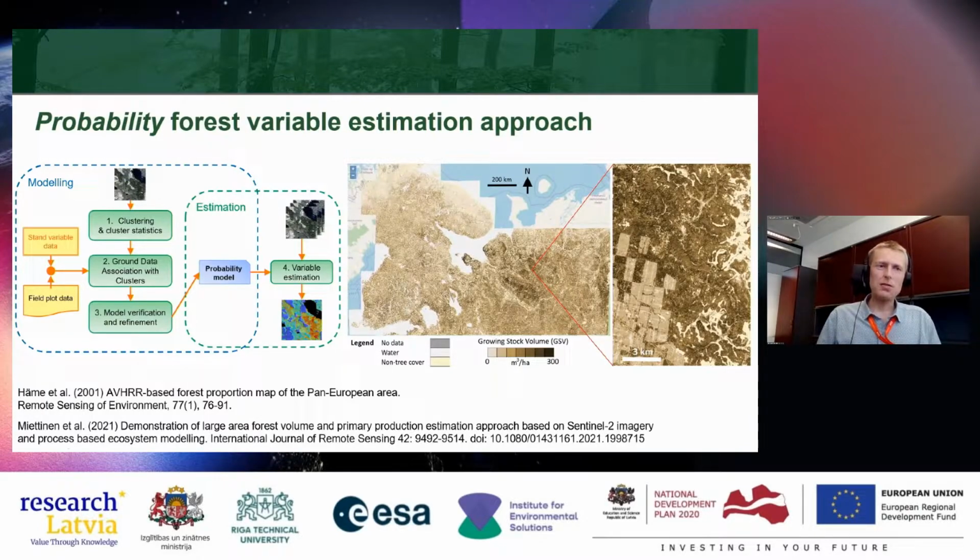It starts with the clustering, and then it combines the field data, the reference data information to the clusters, and creates a model based on that. And then it estimates for each pixel the estimated value, looking into how probable it is for that pixel to belong to any of these or some of these clusters. So it uses the average of the clusters weighed by the probability of how probable it is to belong to that cluster.